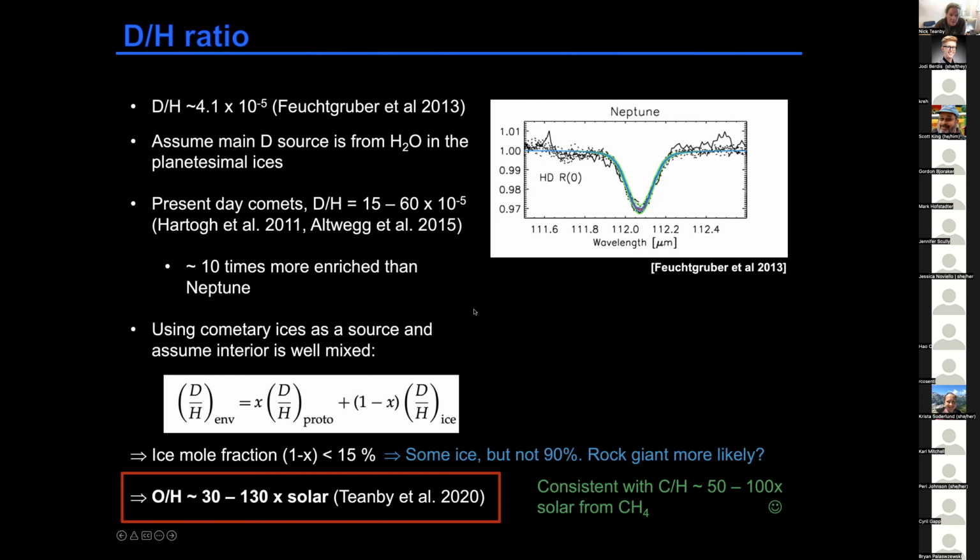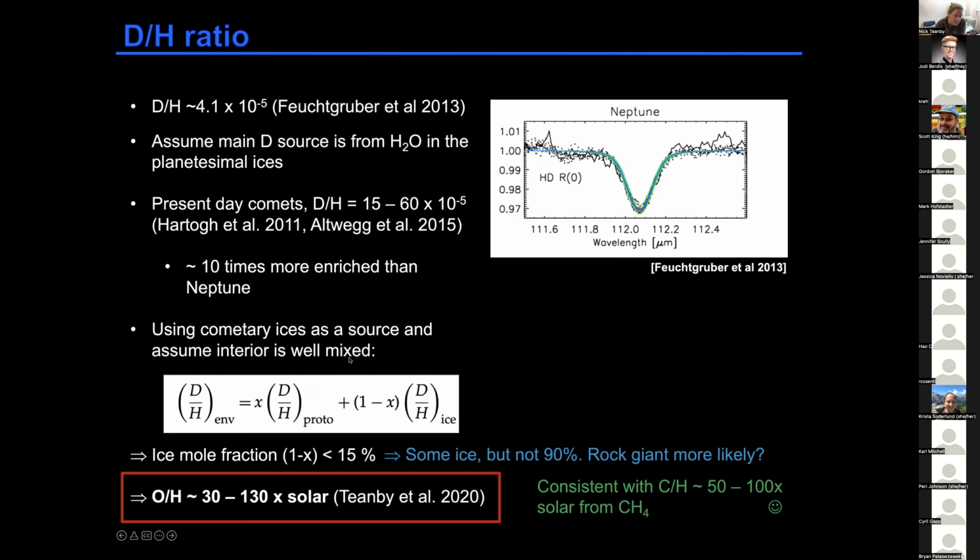So we have a bit of an issue here if we're trying to make an ice giant and 90% of it is these ices. If those ices are anything like present day comets, then this D to H ratio doesn't make a whole lot of sense. So what we can do is take this D to H ratio.